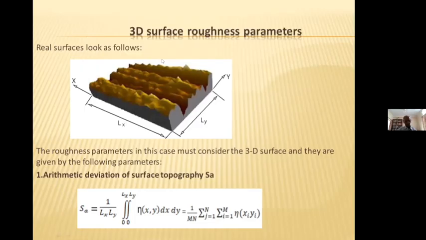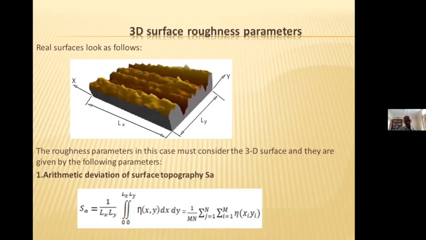And we have looked at the profile of that section. But ideally, we should look at the total surface.